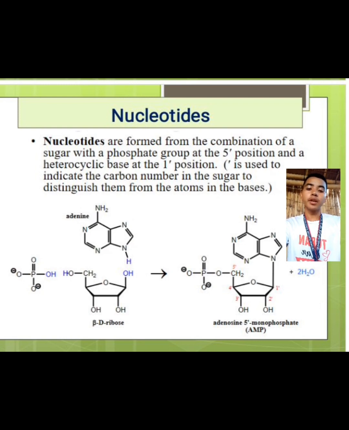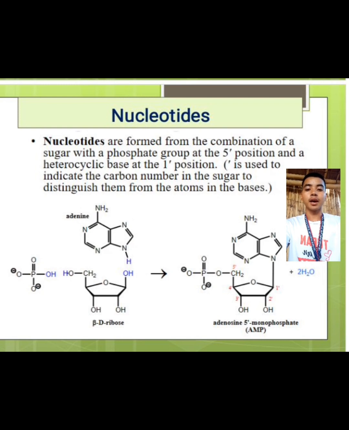So the nucleic bases that make up nucleotides pair together to form DNA and RNA. You have adenine, cytosine, guanine, thymine, and uracil, and they group together in complementary ways to form nucleic acid.